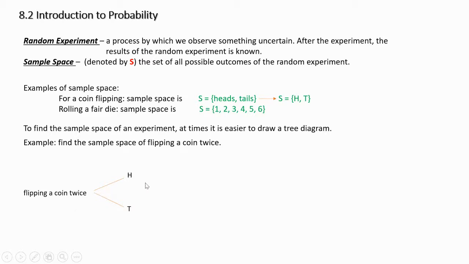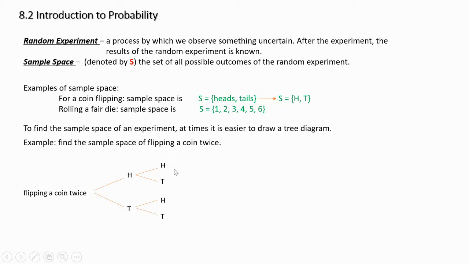Now my second flip: if the first toss is heads, it can be another heads, or it can be tails. So this is my second flip. And then if the coin was tails first, then it could be tails heads and tails tails.